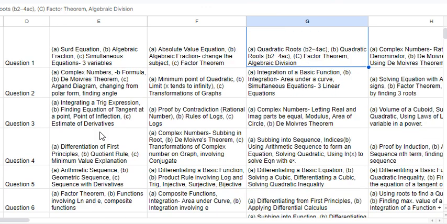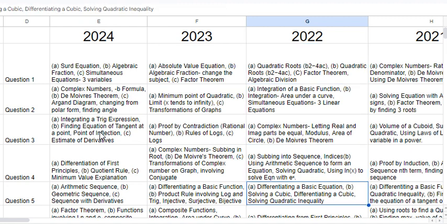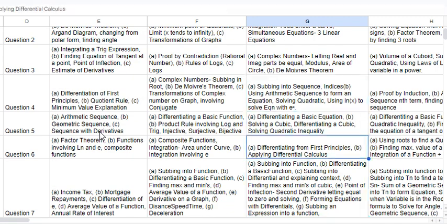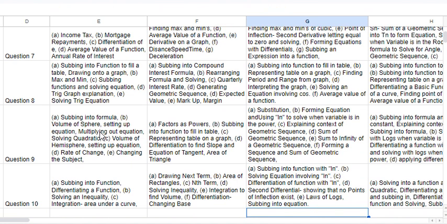I know integration is a broad enough topic as well, but if you're just able to know those few bits, be able to integrate different things, just basic function there, area under the curve again in question 2 in 2022. Integrating a basic function, then probably come up down here again.